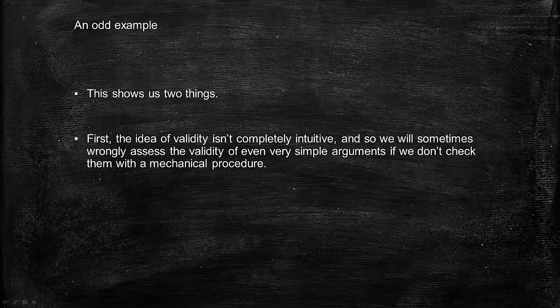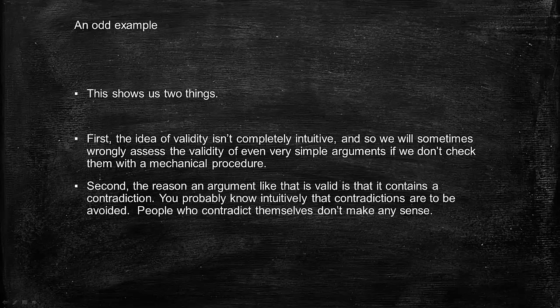First, the idea of validity isn't completely intuitive, so we'll sometimes wrongly assess the validity of even very simple arguments if we don't check them with a mechanical procedure. And second, the reason an argument like this one is valid is that it contains a contradiction. You probably know intuitively that contradictions are not good things. We're generally critical of people who contradict themselves because it doesn't make any sense to assert something and deny it at the same time.